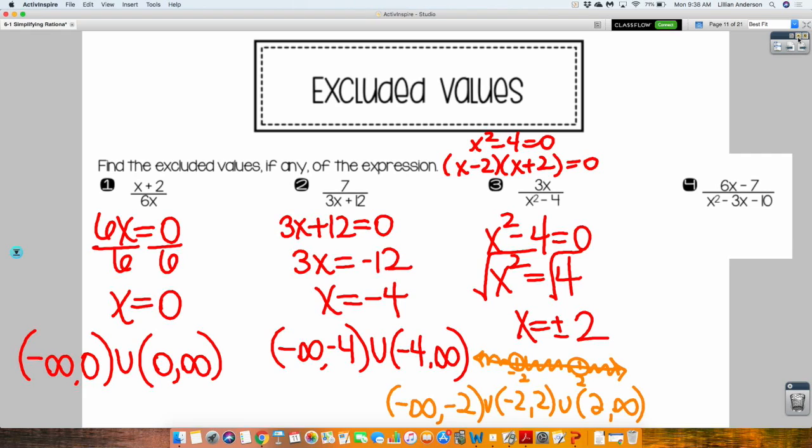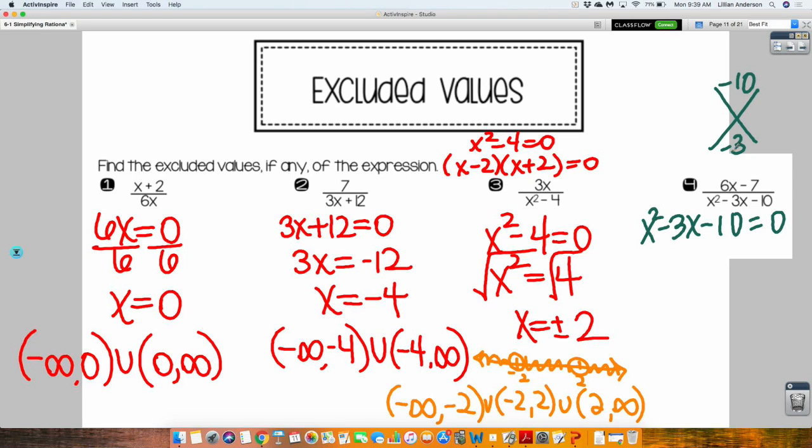This last one, when I set this equal to 0, I have a feeling somebody's going to tell me to add 10. I need to factor this. I cannot add 10 here. I have a whole quadratic, an A, a B, and a C. How would I factor this? Very good. -10 on top, -3 on the bottom.